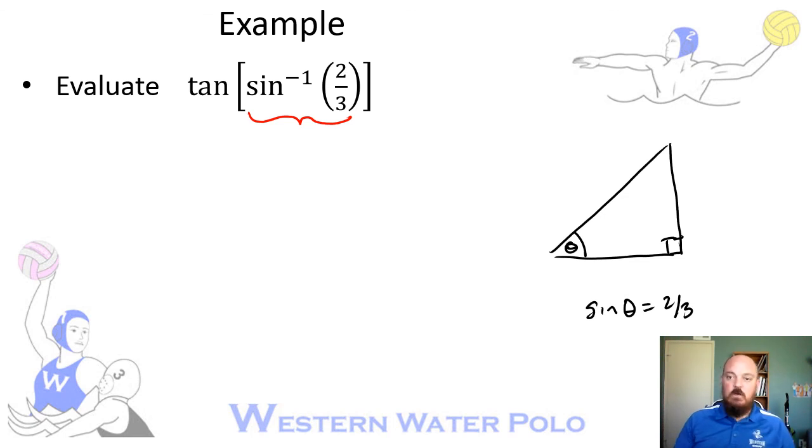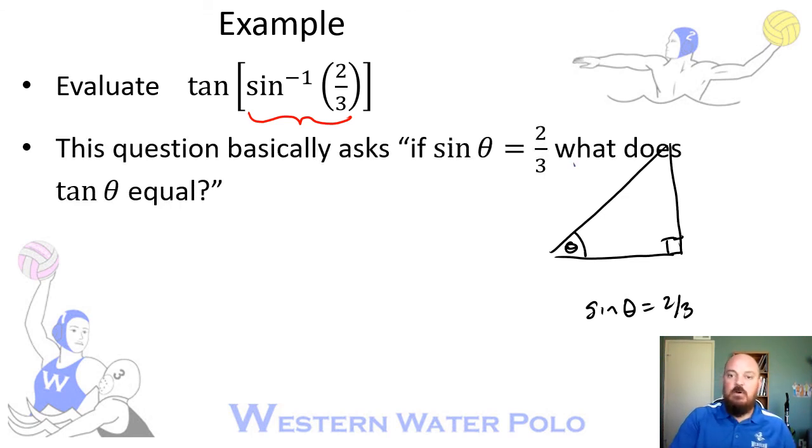Well, from SOHCAHTOA, let me label the sides here. This would be the hypotenuse. This would be opposite from theta. This would be adjacent. And from SOHCAHTOA, sine is opposite over hypotenuse. So opposite would be 2, hypotenuse would be 3. And now what I can do is I can find the third side, adjacent, using Pythagorean theorem.